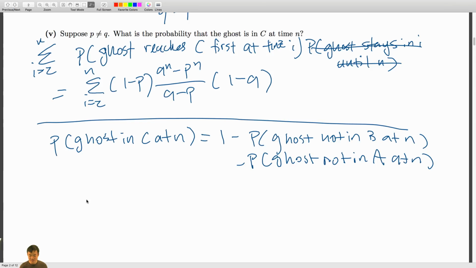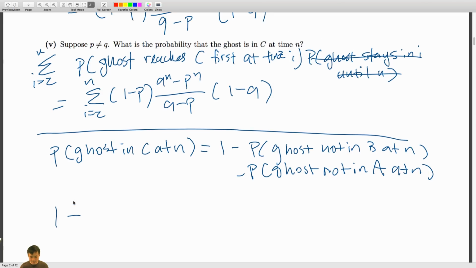Notice that we've already computed the probabilities that we need here from the previous part. So this will be equal to 1 minus the probability that the ghost is in B at n, which is equal to (1 - P)(Q^n - P^n) over (Q - P), and then minus P^n.